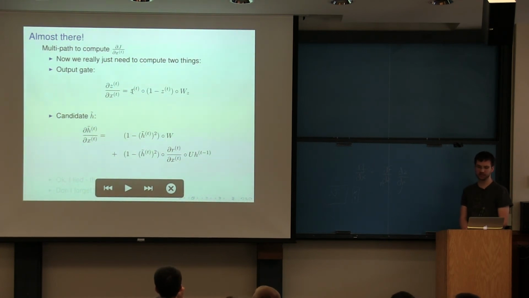It's really this whole thing, z at t times 1 minus z at t. Formally, if you want to write out the chain rule and have the dimensions match, this should be a diagonal matrix. And remember that you're also multiplying on the left by something. Matrix multiplication is not commutative, but it is associative. So you could do the element-wise multiplication with the thing on the left, and then you just get a vector, and then you can multiply it by w without any trouble.